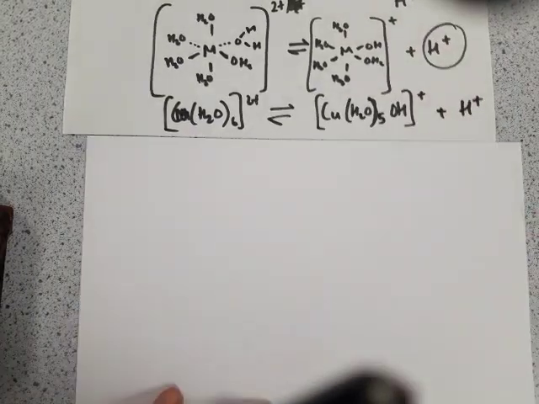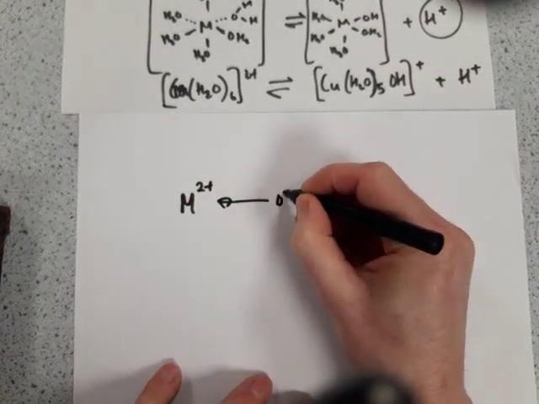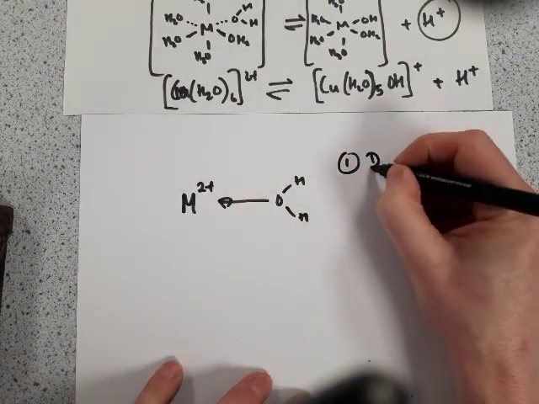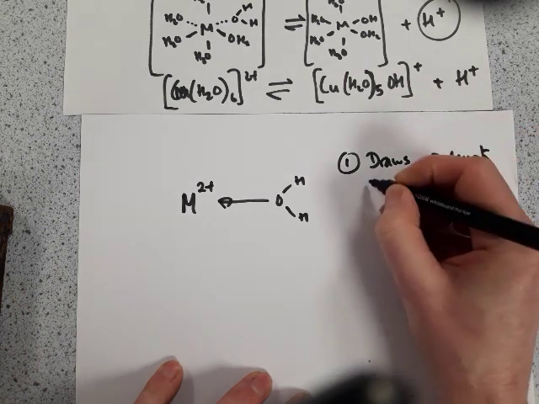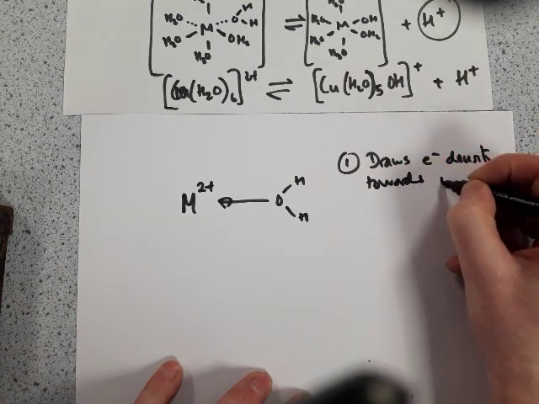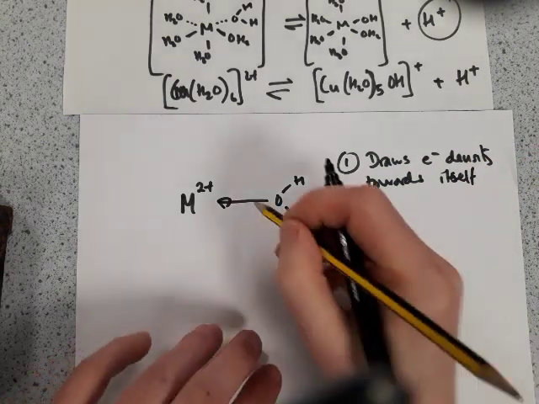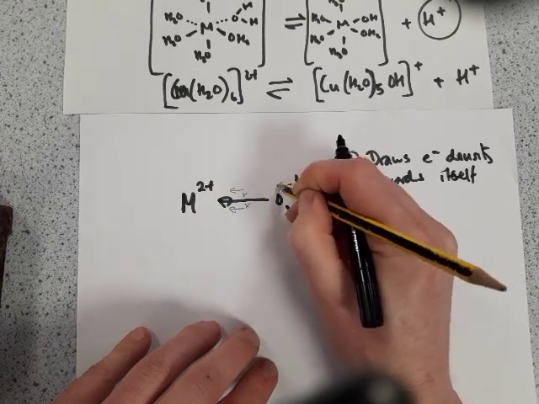The reason for this: you have a metal ion in the middle. There is a coordinate bond to the water ligand. Firstly, this metal ion draws electron density towards itself. There are electrons in each of these bonds and they're being pulled towards the metal ion.